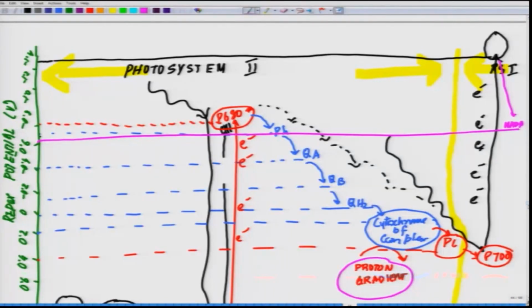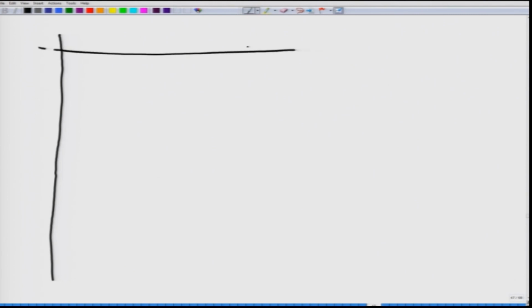I will do it in another graph now. What is happening to that? This is in continuation with what I have already done. Photosystem 1 out here is sitting at around minus 1.3 volt of redox potential.